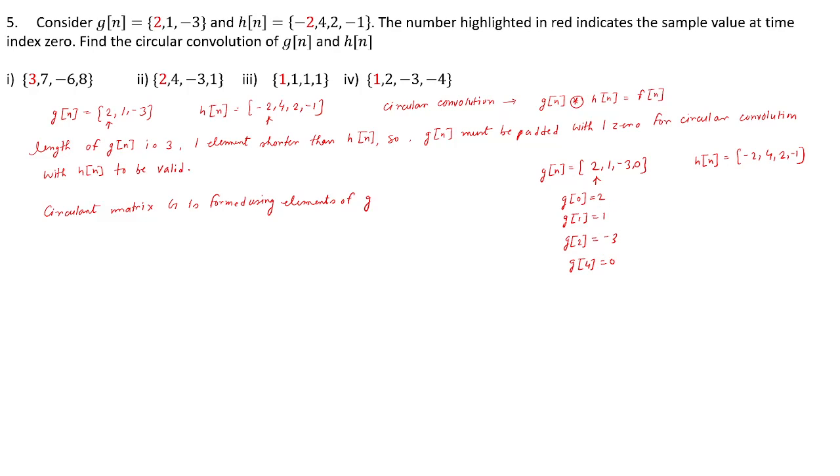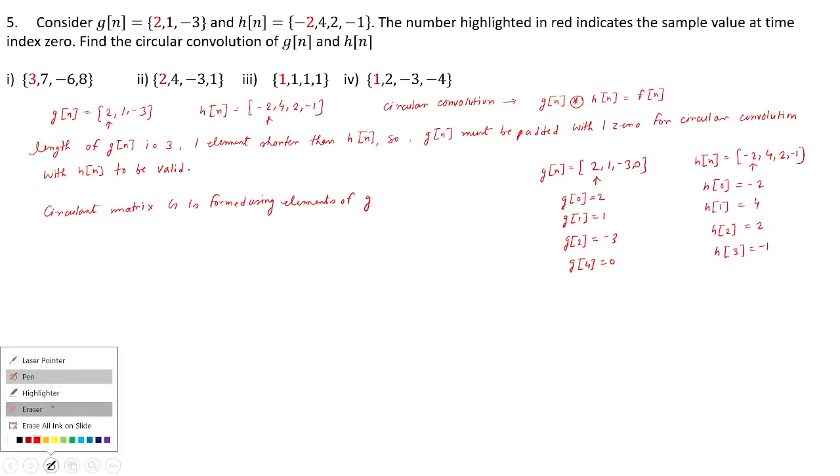We are writing this in a separate manner so that it becomes easy for us to form that circulant matrix capital G from the elements of G, that is these ones. Similarly, H0 is minus 2, H1 is 4, H2 is 2, and H3 is minus 1.